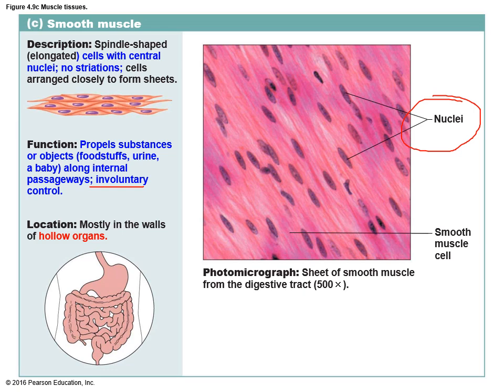Alrighty, so your muscle types are going to be your skeletal, voluntary, striated, your cardiac, involuntary, striated, and then your smooth muscle, which is involuntary, non-striated.